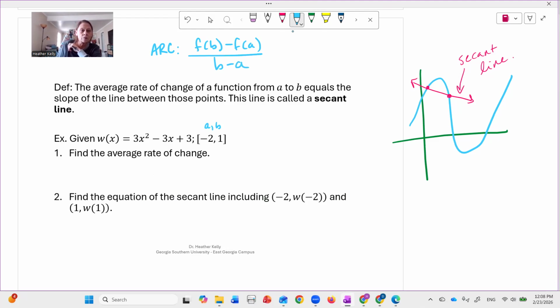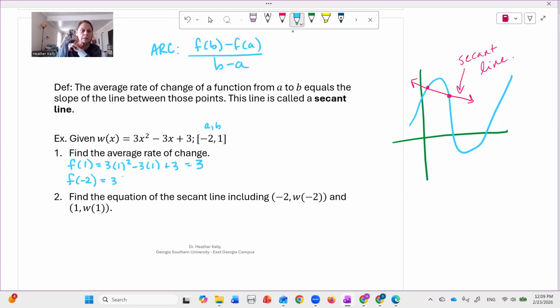So we're going to have to find our f of 1 first. That's going to be 3 times 1 squared minus 3 times 1 plus 3. That's 3 minus 3 plus 3. That's just 3.